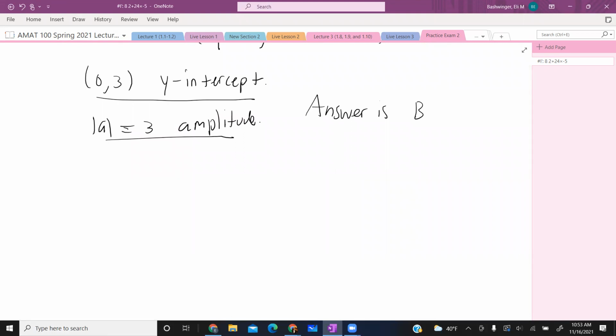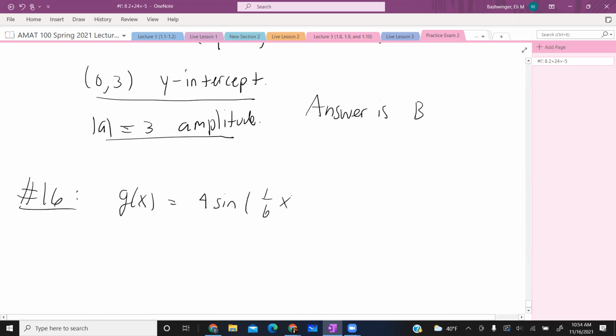All right, let's look at 16 now. So 16 is a similar problem. So we have g(x) = 4 sin(1/6 x), so 1/6 x, or just x over 6. So the amplitude is 4.